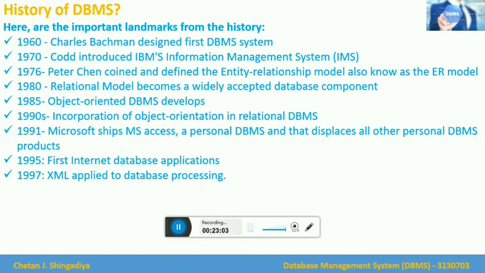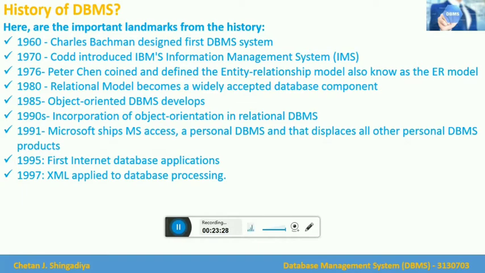Then in 1980, the relational model became a widely accepted database component for this subject. In 1985, the object-oriented DBMS was developed. Then in the 1990s, object orientation was incorporated into the relational database.